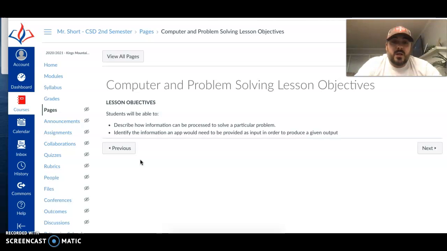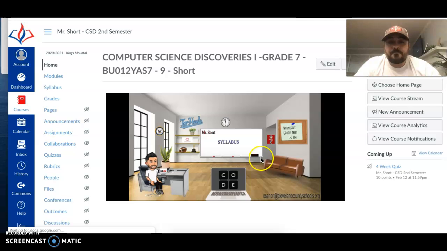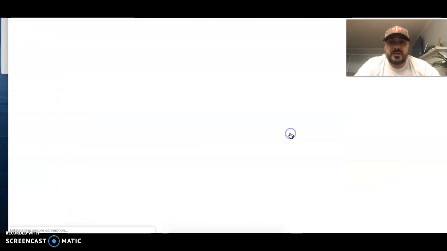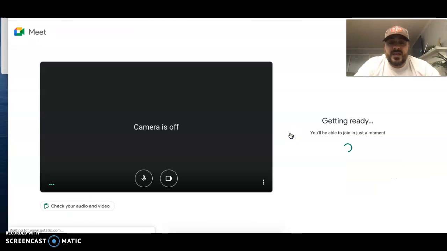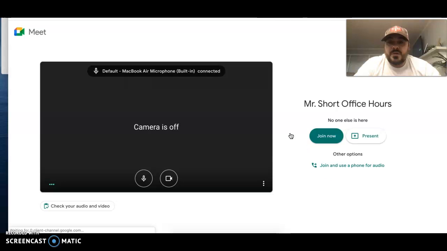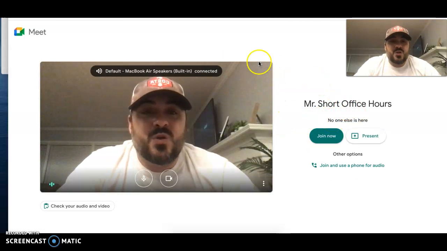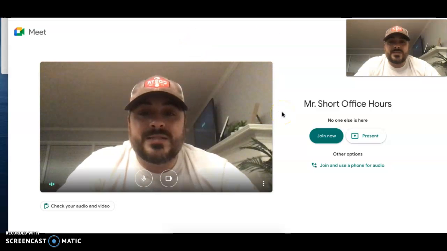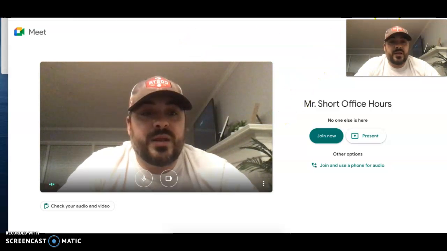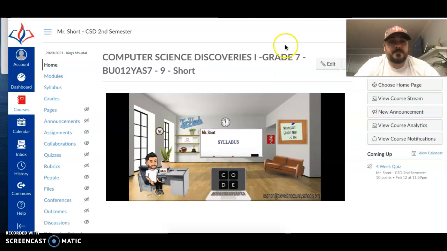If you need to know where it's at, always go to home, this little green sticky note on the cork board here. If you click that, it's going to take you to Mr. Short's office hours. See, there I am. That's where you're going to go on Wednesday from 1 o'clock to 2 o'clock if you need help or have any questions.